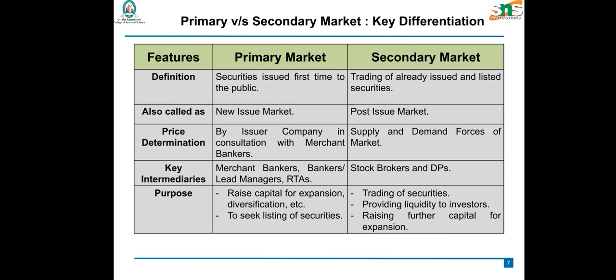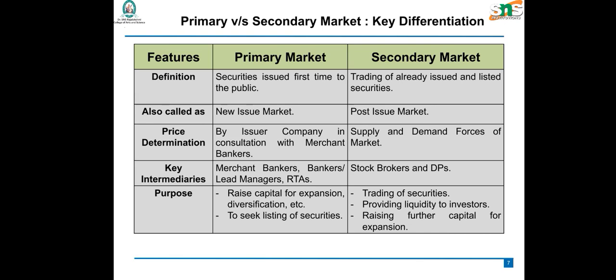Based on price determination, in the primary market the issuer company, in consultation with merchant bankers, determines the price. In the secondary market, price determination is based on the supply and demand forces of the market.